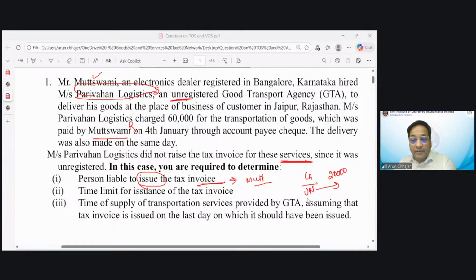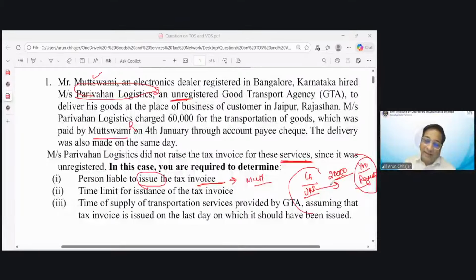I'm an unregistered person, and you are a registered person in GST. Who will prepare the invoice in this case? Tax invoice, I'm talking about.